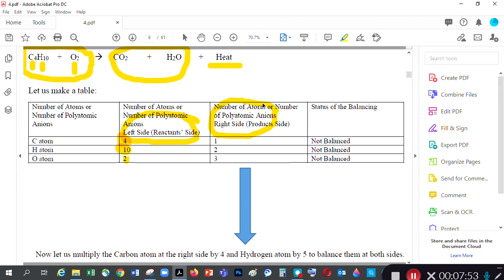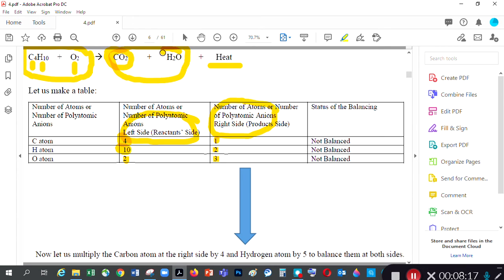And in the product side, I have 1 carbon, 3 oxygens, 2 hydrogens. All those are not balanced. So my intuition tells me I have to multiply the carbon dioxide by 4 to balance the carbon.